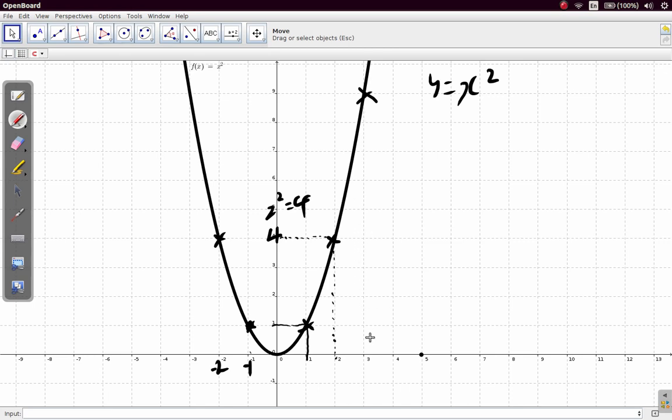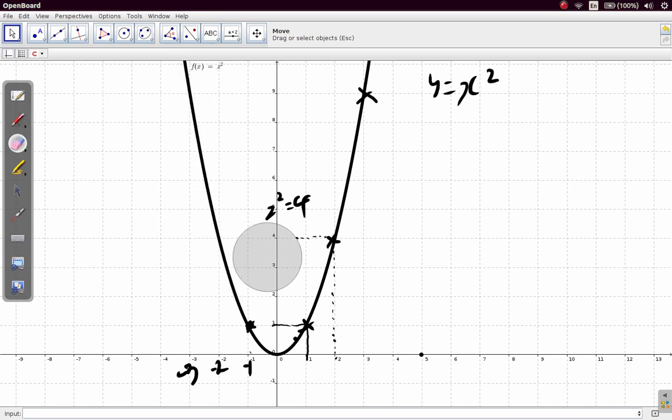And we go up here, 3 squared, which is 9, project across, and we see that we're at 9. When x is negative 3, y is negative 3 squared, which is 9. Negative 3 by negative 3, and so on. So we have the graph of y is equal to x squared here.